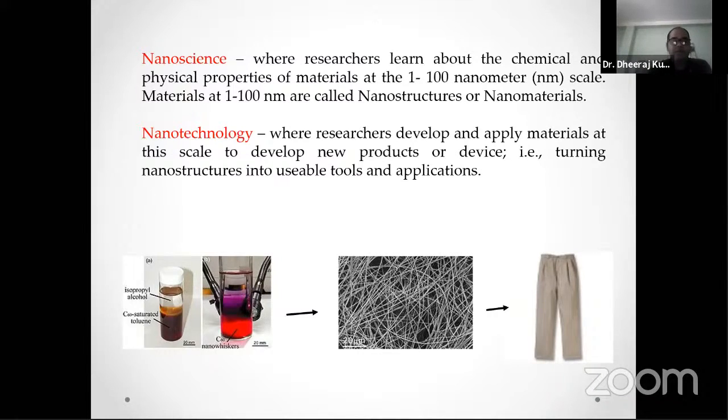With the help of these properties, fabrication of new products and devices falls under nanotechnology. For example, in nanoscience researchers predict the properties of materials, and then these are utilized in fabrication, which is then used in producing clothes like trousers. Next slide, ma'am.